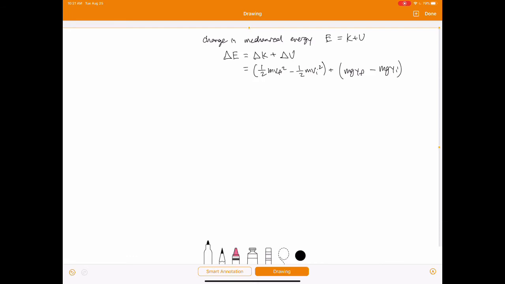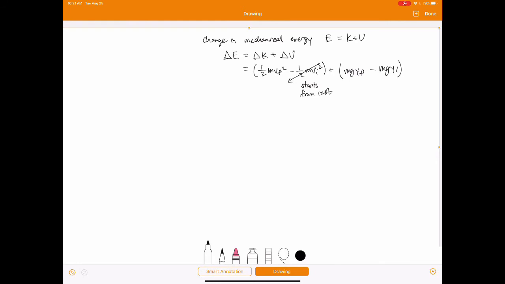Okay, well, we can cancel out a few things here because v initial is equal to 0. The ball starts from rest, so the initial kinetic energy is going to be 0.